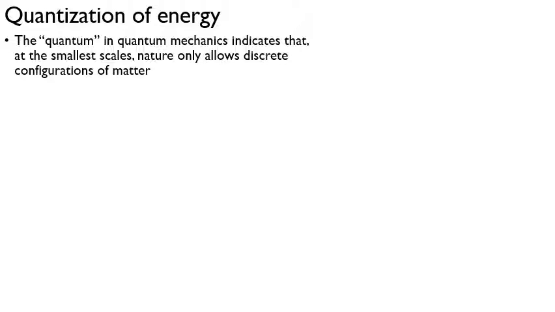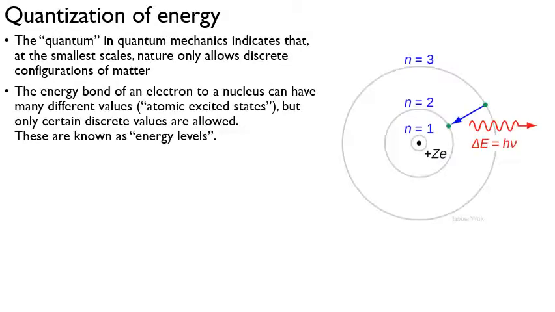This indicates that at our smallest scales in nature, where quantum mechanics applies, nature only allows discrete configurations of matter, so that you're only allowed to have configurations of matter that have an energy value or a binding energy that corresponds to specific values. So for the energy of the bond of an electron to a nucleus within an atom, there can be many different values of this, but there are only certain discrete values that are allowed.